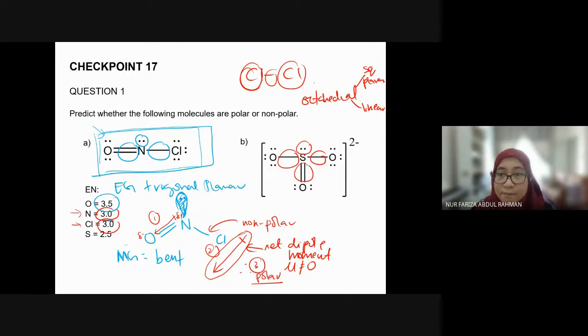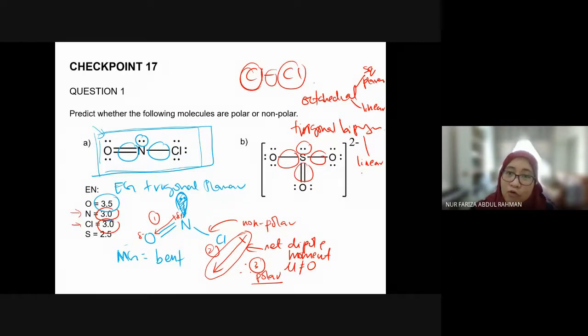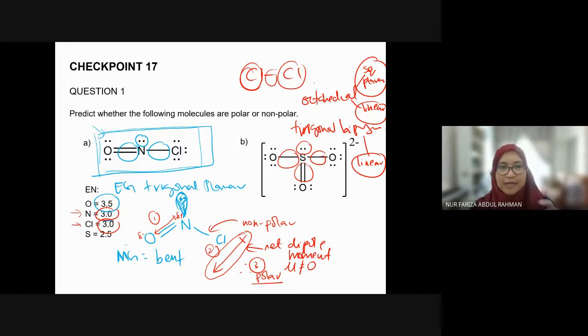Even though these two have lone pairs, they are still non-polar. And trigonal bipyramidal gives the derived shape linear. The linear one, even though it has lone pairs, is still non-polar. For the rest of the geometries, if there is a lone pair, one or two, any lone pair, it becomes polar. Suppose you are not good at vectors, some students are not, but they can still predict. The tip is to look for whether there is a lone pair or not. Except for these geometries, you must be careful. Other than these, it will be polar. If there is a lone pair, it immediately becomes polar. That's for speed.